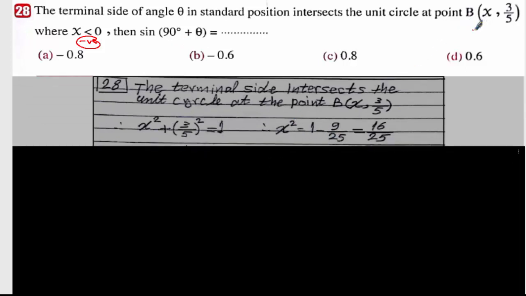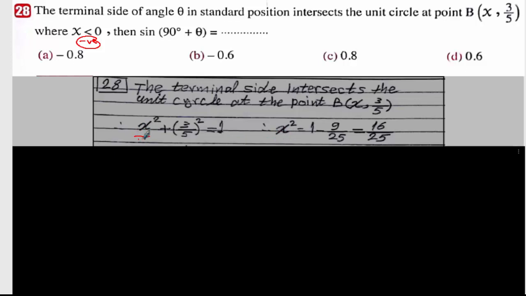We have the point B, x and 3 over 5, on the unit circle. So x square plus y square equals 1. That means x square plus 3 over 5 all square equals 1. And we will calculate to find x square.